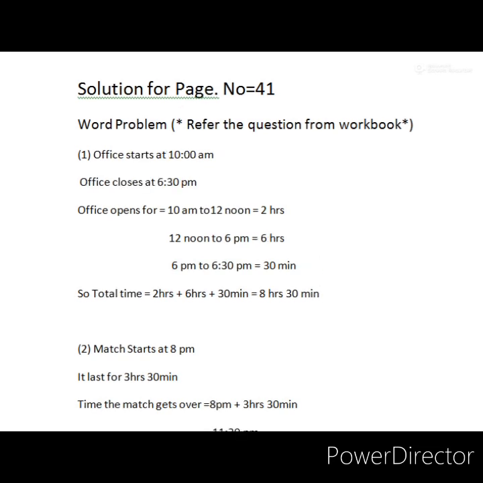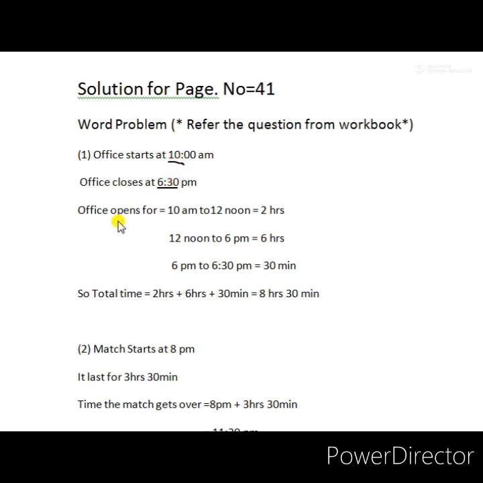Now we are starting our word problems from page number 41 of the workbook. What is the first question given here? Deepshikha's office starts at 10 a.m. and closes at 6:30 p.m. How many hours is her office open for? Students, we have to find the time between 10 a.m. and 6:30 p.m. The first step is to write the starting time of the office, that is 10 a.m. The closing time of the office is 6:30 p.m. Now we are going to find the time between these two times.